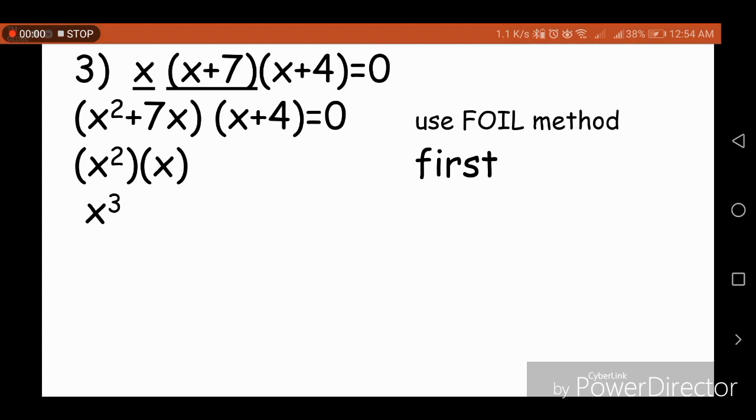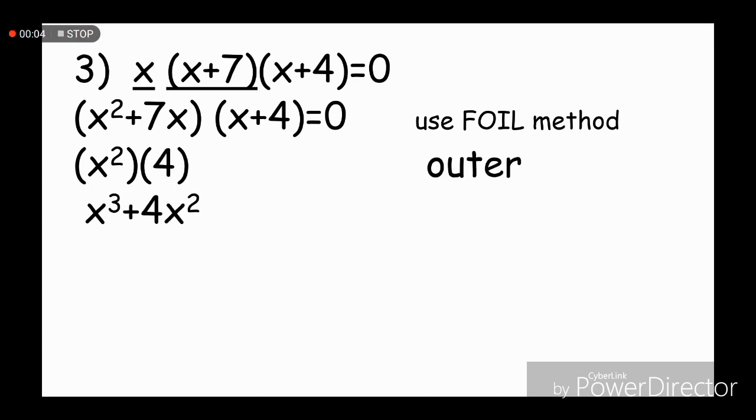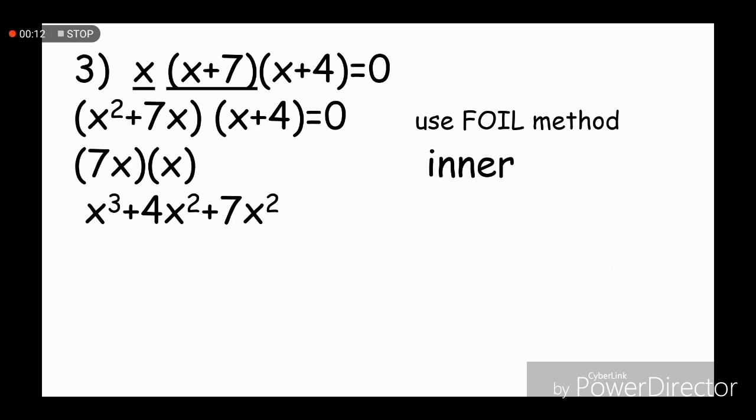First term, x cubed. Then the outer term, which is x squared times 4, is 4x squared. The inner term, 7x times x, the answer is 7x squared. The last term, 7x times 4, the answer is 28x.